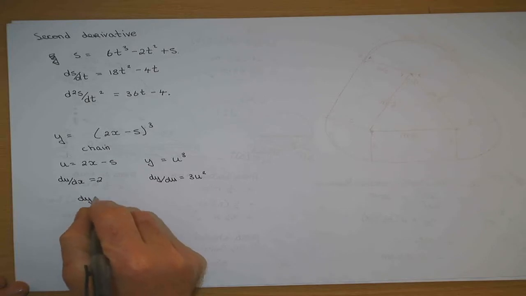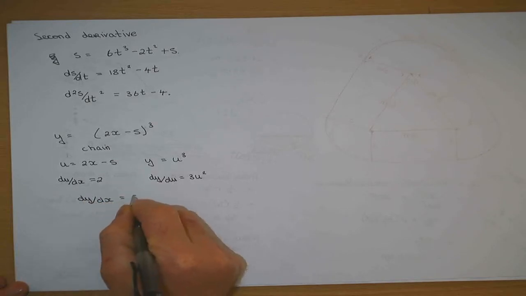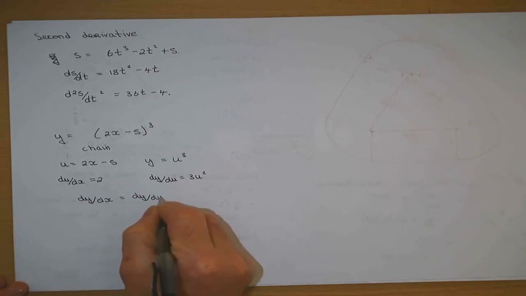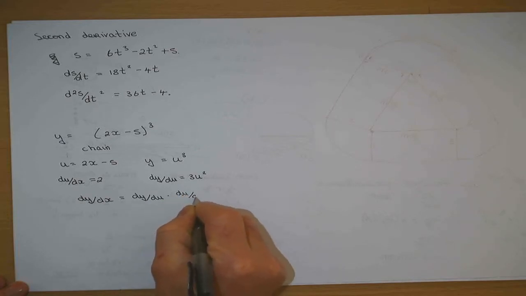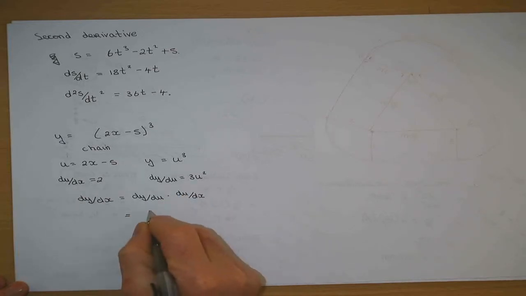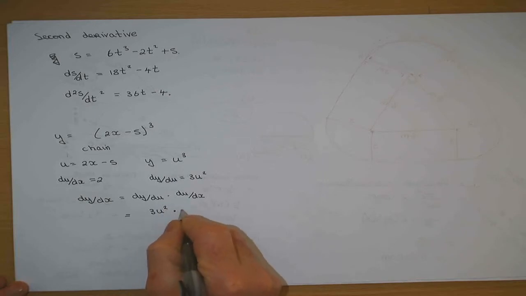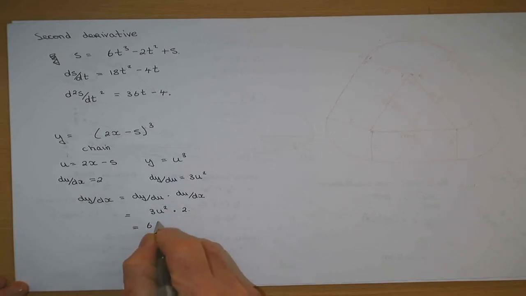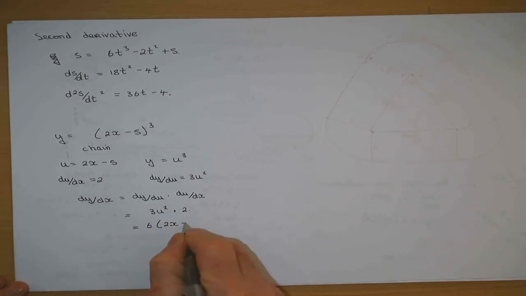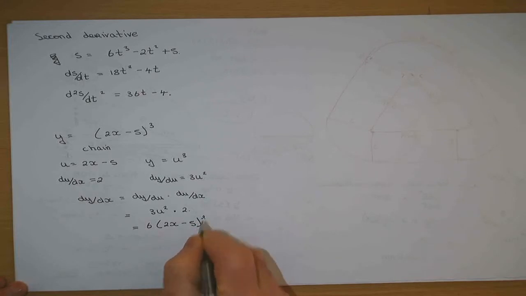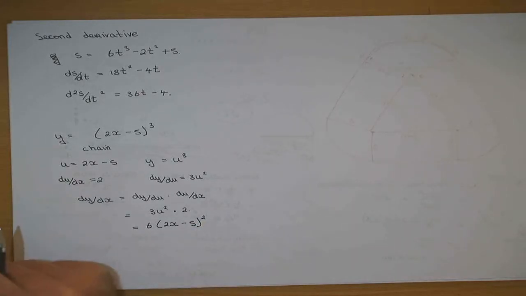That makes dy/dx equal to dy/du by du/dx, 3u squared by 2, which is 6 times u squared, 6(2x minus 5) squared. That is its first derivative.